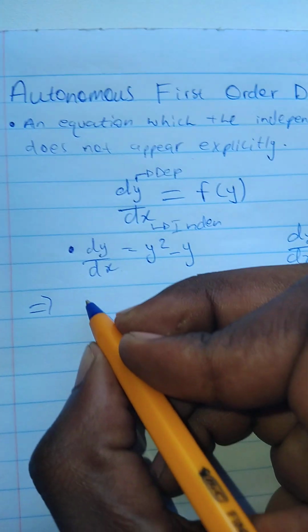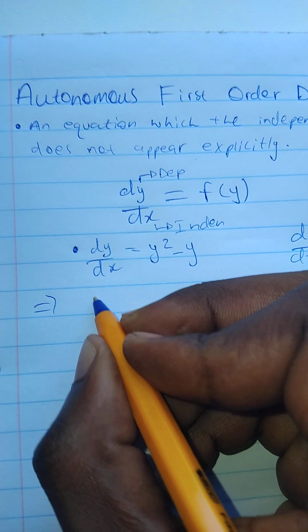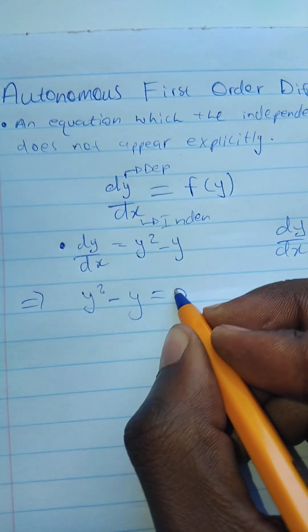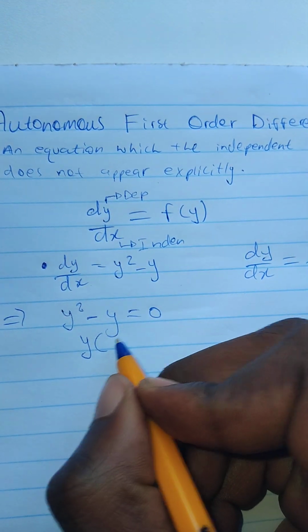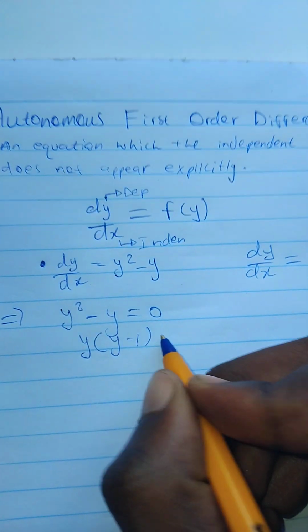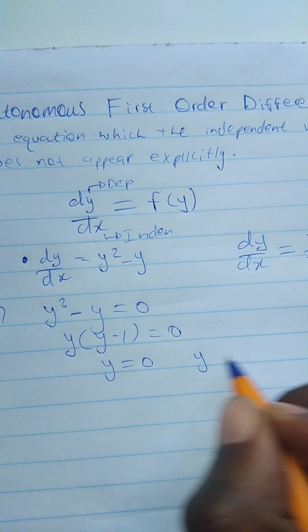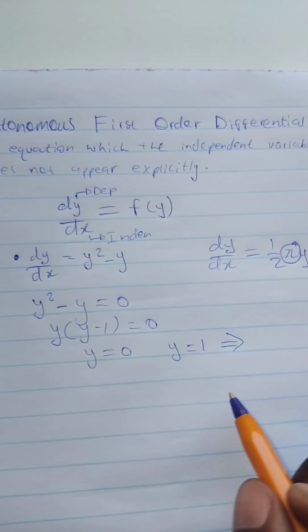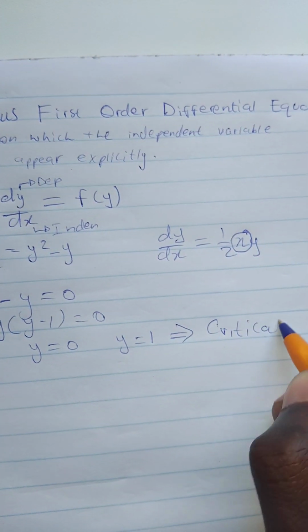From this example, let's suppose we set y squared minus y equal to 0. Then we find that y times (y minus 1) equals 0, so y is 0 or y equals 1. Now if we set our autonomous differential equation to 0, we find what we call critical points.